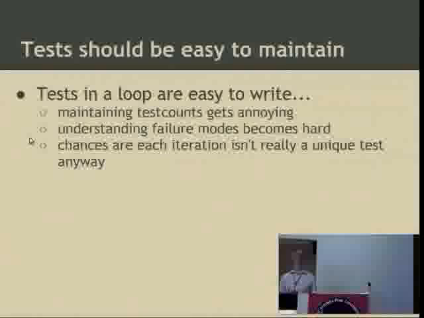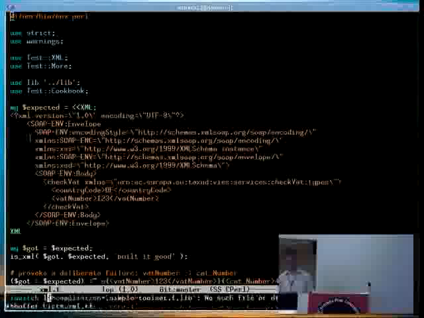This is obviously a very leading slide. But maintaining test counts gets really annoying. Understanding failure modes is hard. And my core complaint with tests in a loop is that chances are each iteration of the loop isn't really a unique test. Chances are what you're really doing is testing a property of the set that you're pushing through the loop, as opposed to testing every single member.